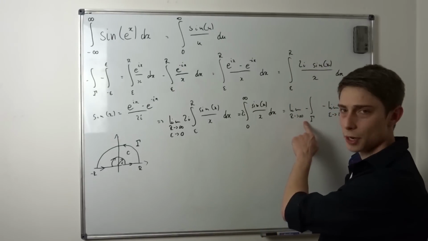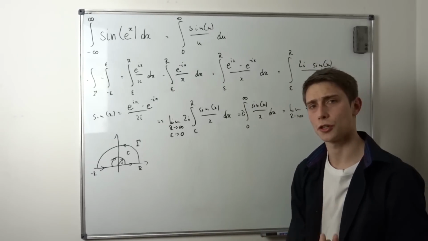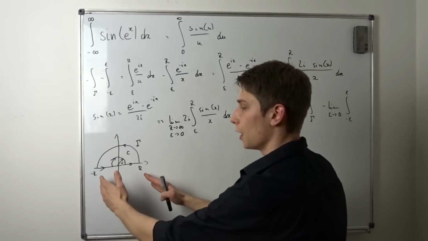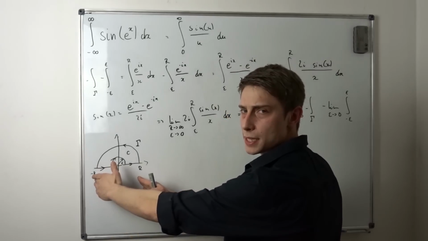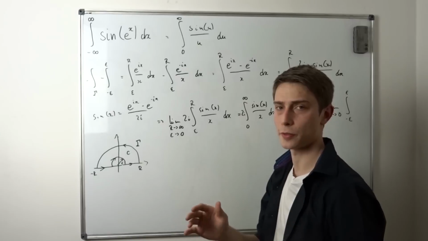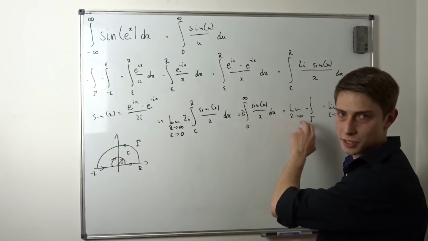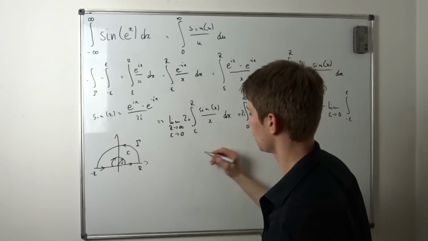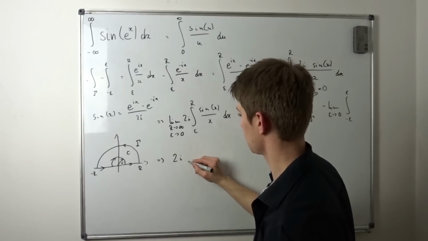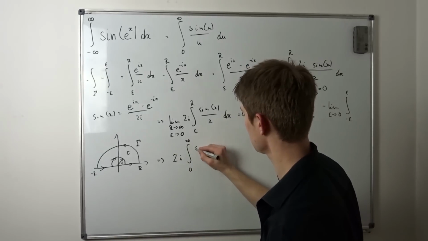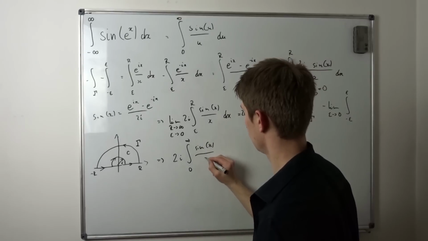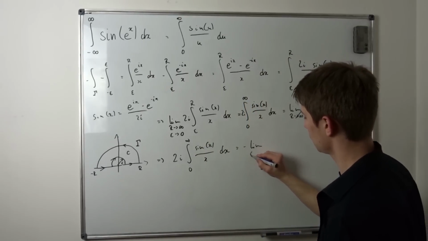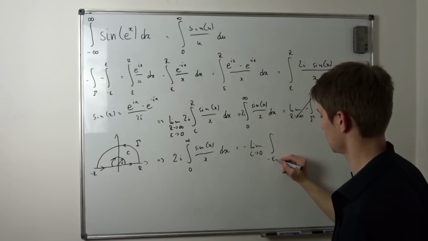We can apply Jordan's lemma to this function right here, because Jordan's lemma states that on a semicircle, if the outer arc goes from r to minus r and those r's become arbitrarily large, then this just vanishes. This goes to 0. So we get rid of this. And what we end up with right now is 2 times i times the integral from 0 to infinity of sine of x over x dx is just minus the limit as epsilon goes to 0 of this integral right here.